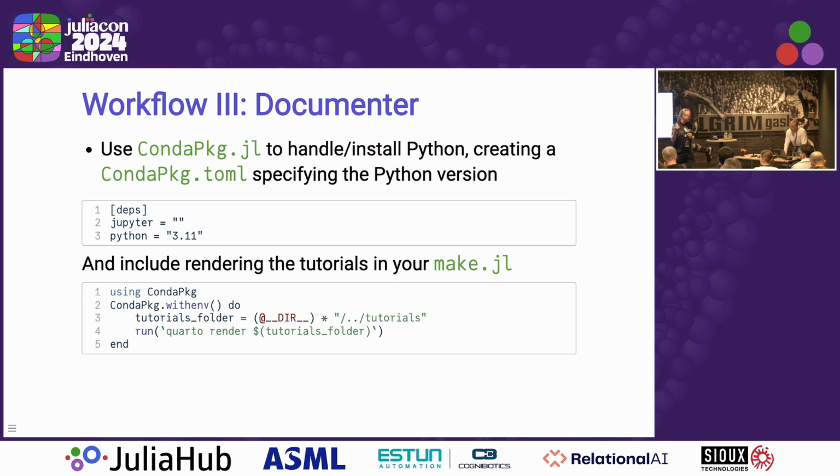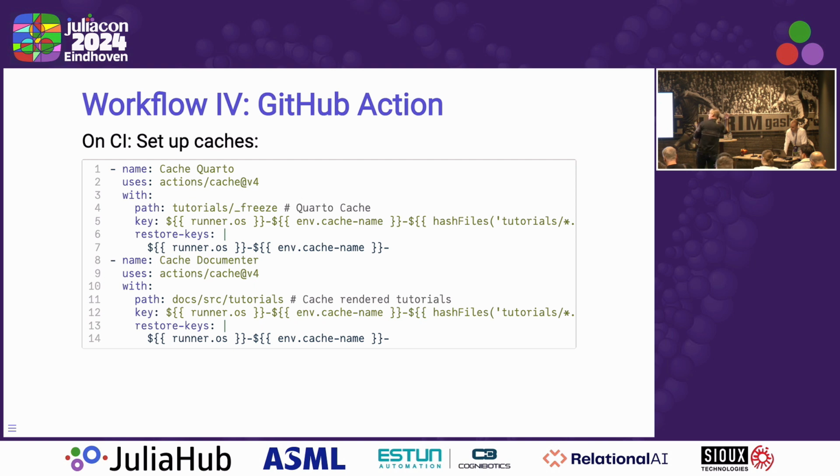And the next slide is, I think, the workflow on GitHub Action. The one thing you have to add to your Documenter GitHub Action is these few lines, which is basically a cache. So I'm caching the tutorials freeze folder, and I'm caching the docs source tutorials folder. Because this one stores the readily rendered ones, and this is the freeze where Quarto checks whether it has to re-render, and then we're fine.